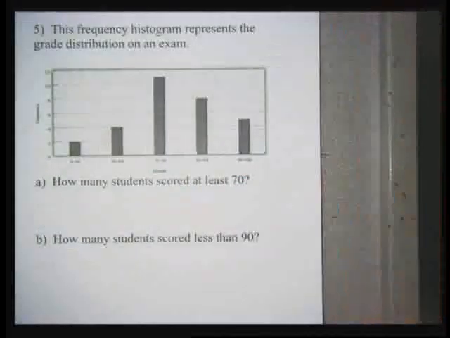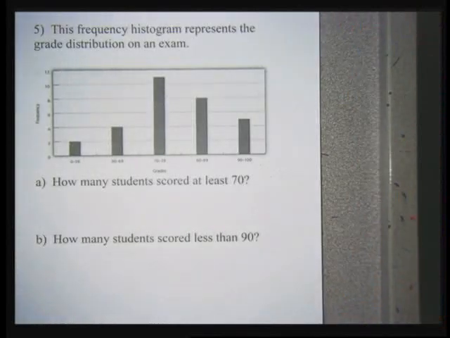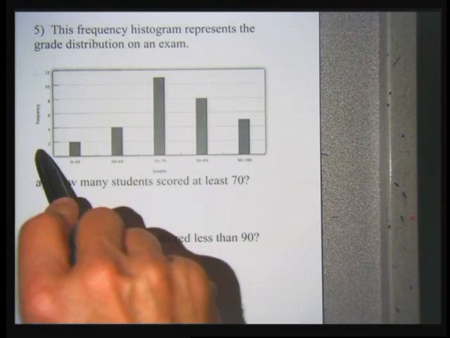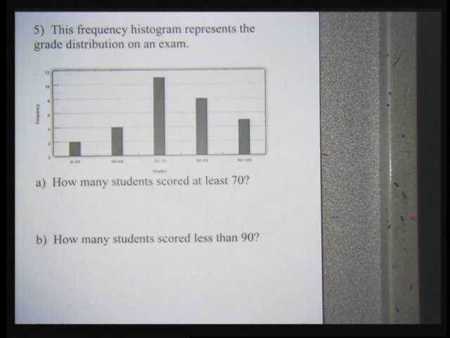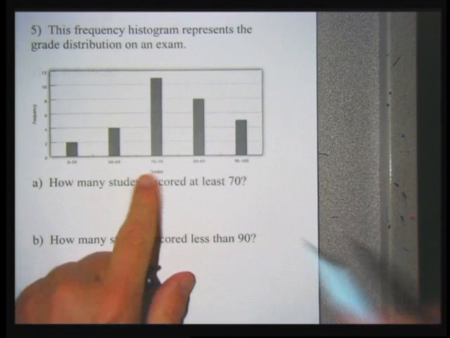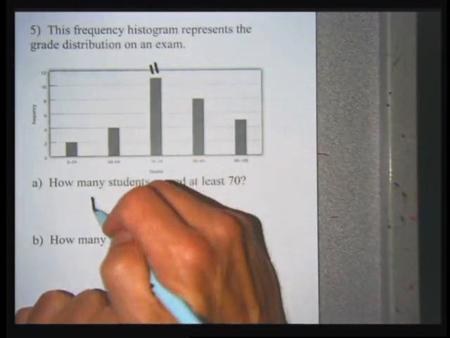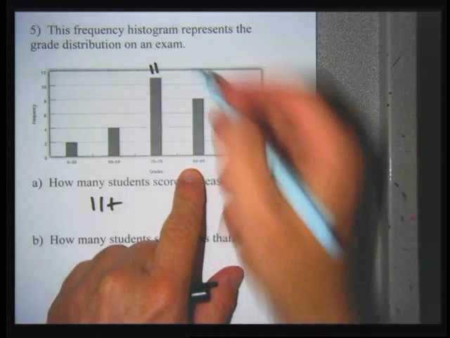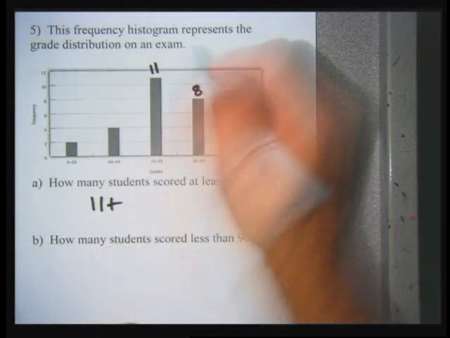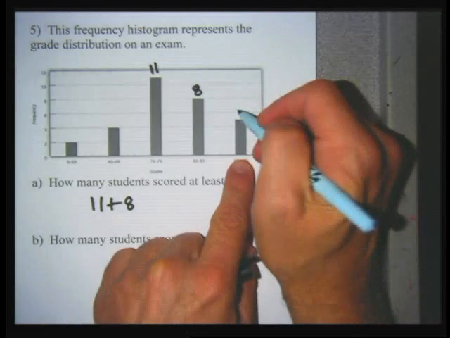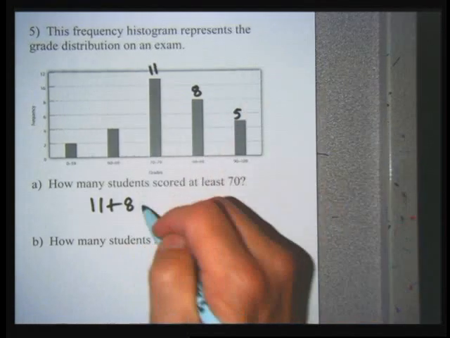So here's a frequency distribution that we want to answer questions about. On the bottom were grades, I imagine, on a test, and the right-hand column is the frequency, maybe how many students, and how many students scored at least 70. These students that scored between 70 and 79, there were 11 of them, they count into this. These students that scored between 80 and 89 need to be counted, and these 5 that scored 90 to 100 need to be counted.